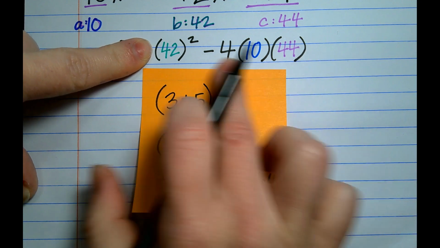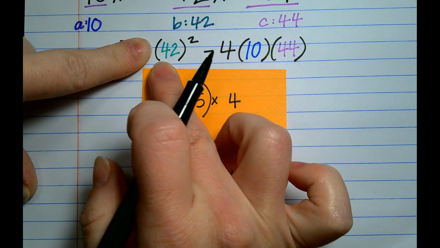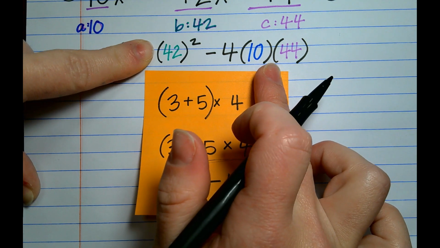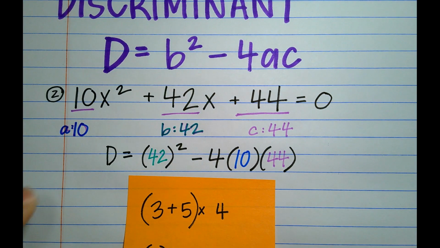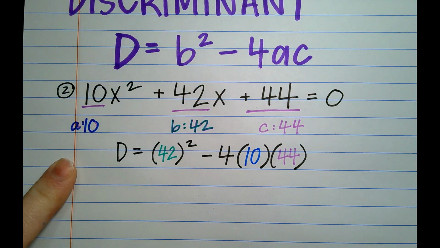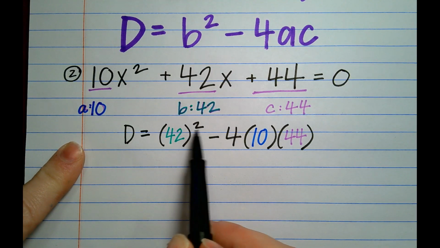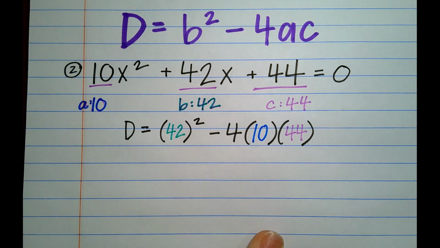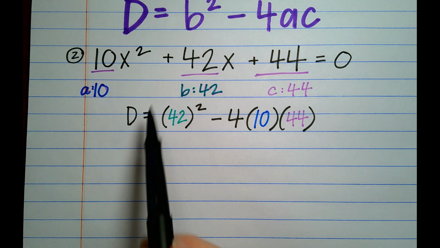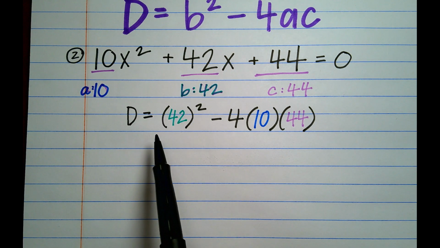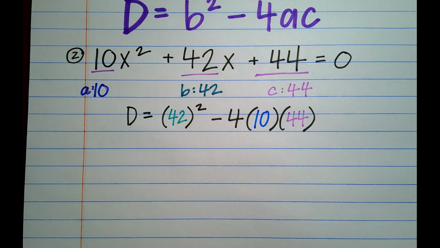Okay, so if there's no parentheses telling me I need to do a certain step first, what comes next? Exponents. Exponents are like these little numbers here, the 2, right? So we're going to do the 42 squared first, our first exponent.